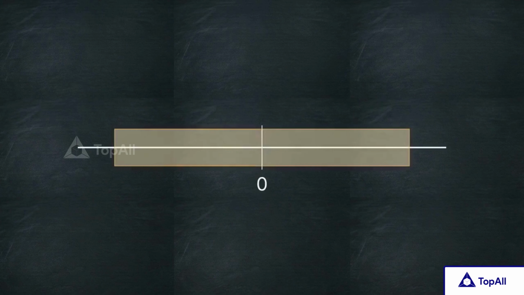This diagram shows a uniform thin rod centered on the origin. For every tiny mass element dm at position x, there is an exact mirror element of the same mass located at negative x. Because x and negative x sum to 0, they cancel each other out. The integral inherently places the center of mass exactly at the geometric center of the rod.